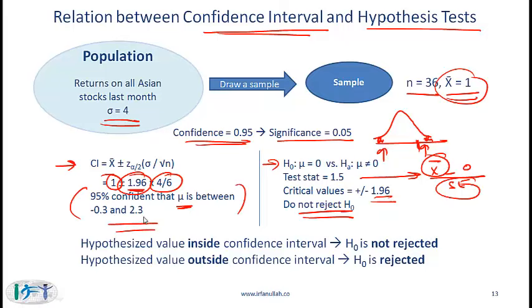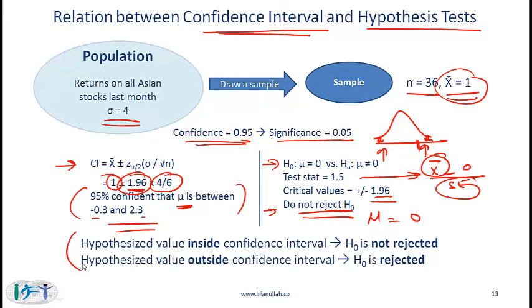On the left, the confidence interval is saying that 0 falls within the range. So in a way, this result from hypothesis testing is also telling us that we cannot reject the fact that the population mean is equal to 0.